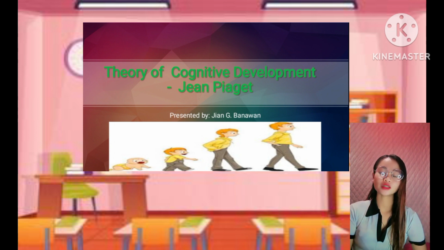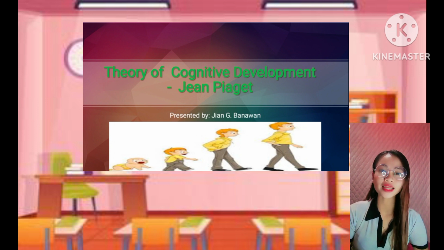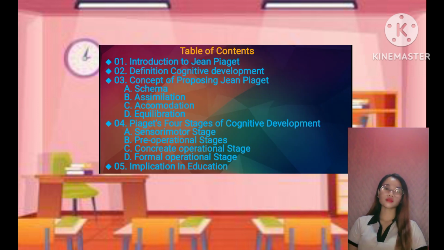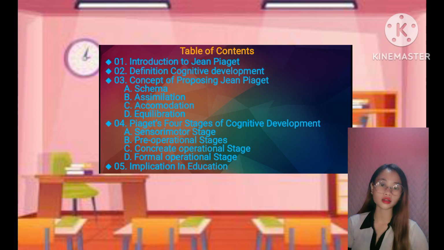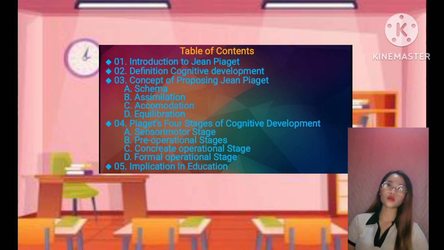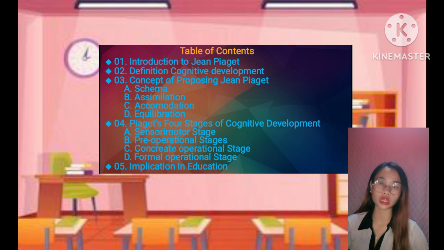Today we will talk about the theories of cognitive development by Jean Piaget. So we have here the table of contents. First we have the introduction of Jean Piaget, followed by the definition of cognitive development. Next we have the concepts proposed by Jean Piaget: the schema, assimilation, accommodation, and equilibration.